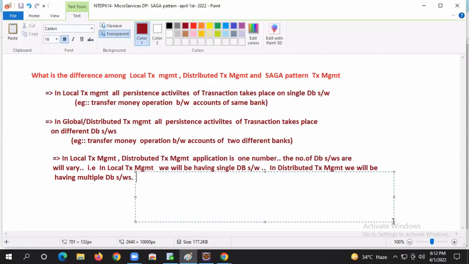So local or distributed transaction managements are good only in where, guys?